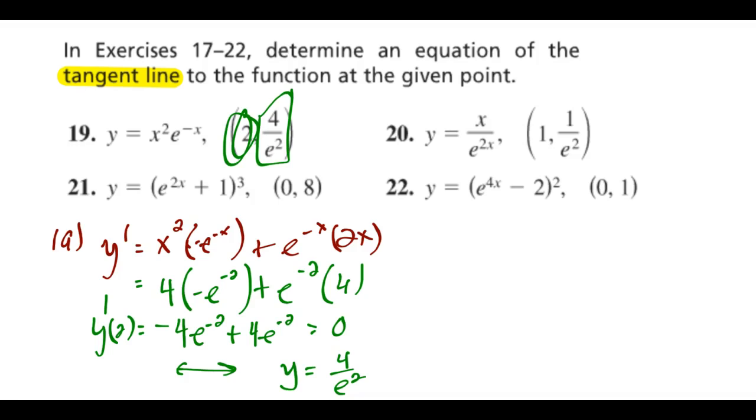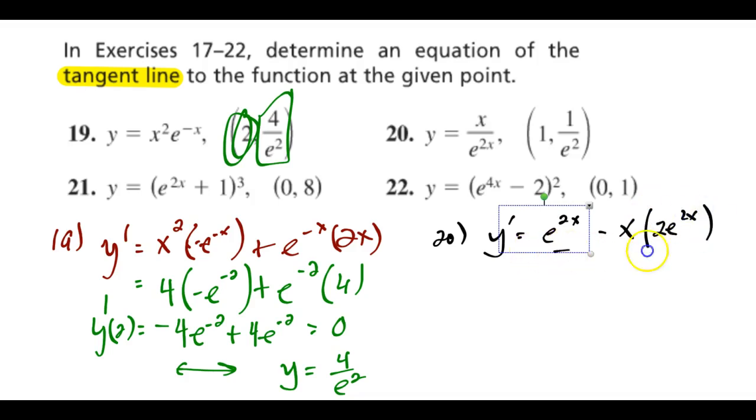Let's try number 20. I would go find the derivative of this thing, which is low d high, which is just a 1, minus high d low, 2e to the 2x, all over low squared. Let me write that as e to the 4x. Then I'm going to let x be 1.